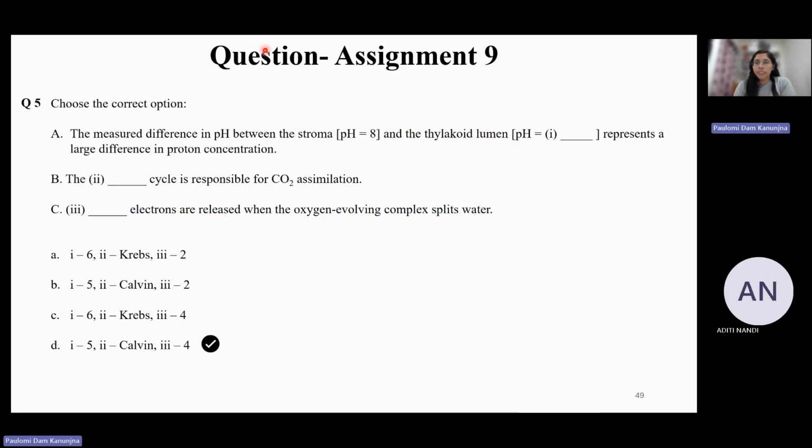So thylakoid lumen's pH is 5. Calvin cycle we have just discussed. That's for carbon assimilation. And 4 electrons, that is also something we looked into. 4 electrons are released when you have the splitting of water.